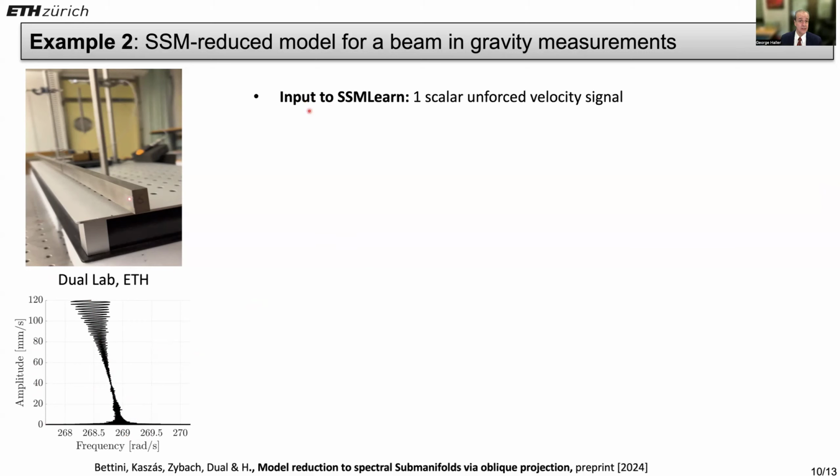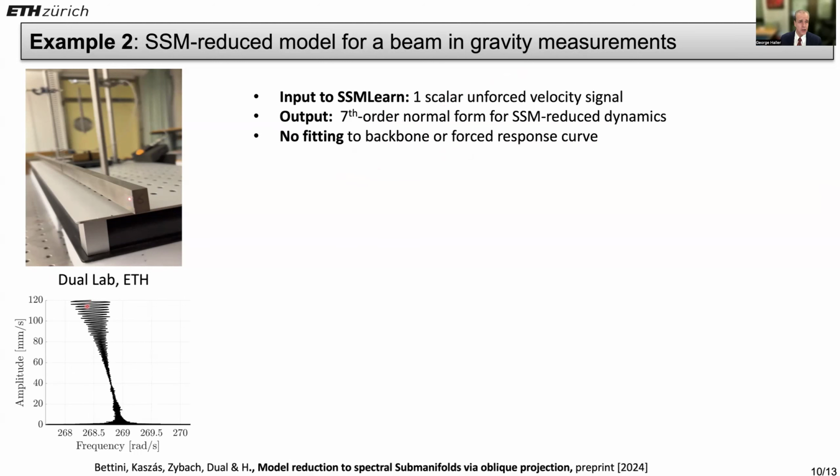We gave the decaying data to SSMLearn, just one scalar unforced velocity signal. The output was a 7th order normal form on a two-dimensional SSM, but we were not fitting. In fact, we could not fit to this type of a backbone curve and the forced response curve. So we wanted those as model outputs and predictions.